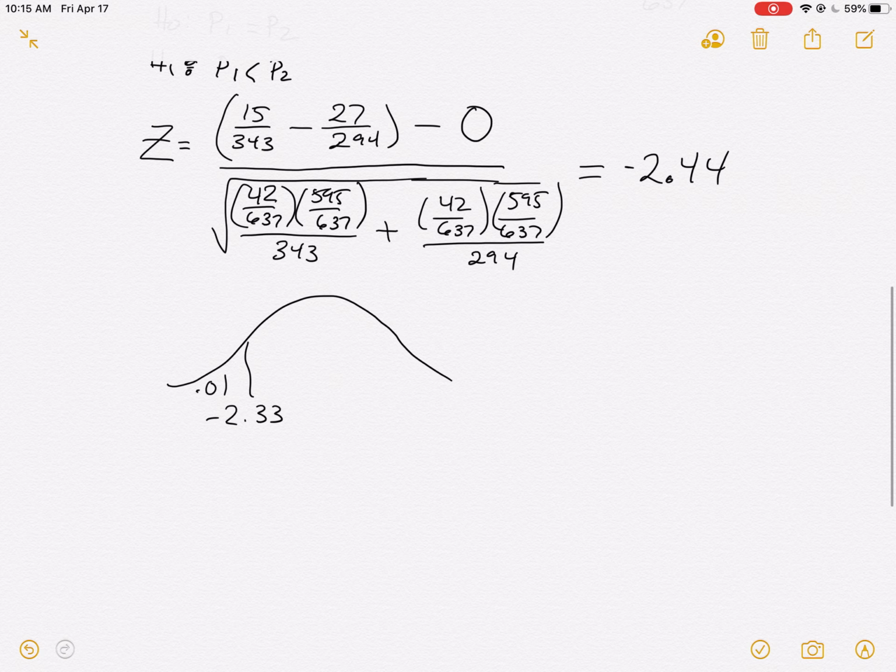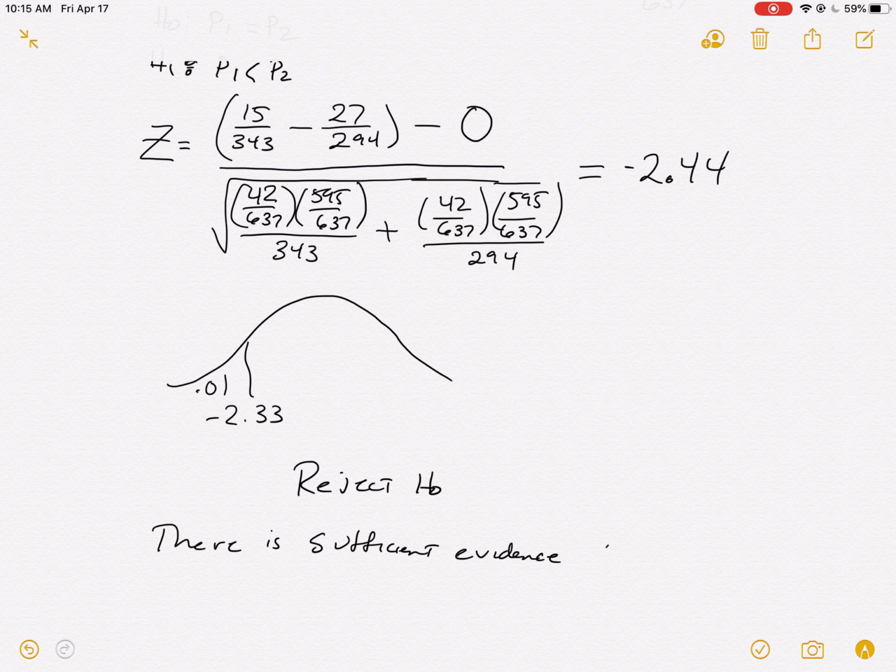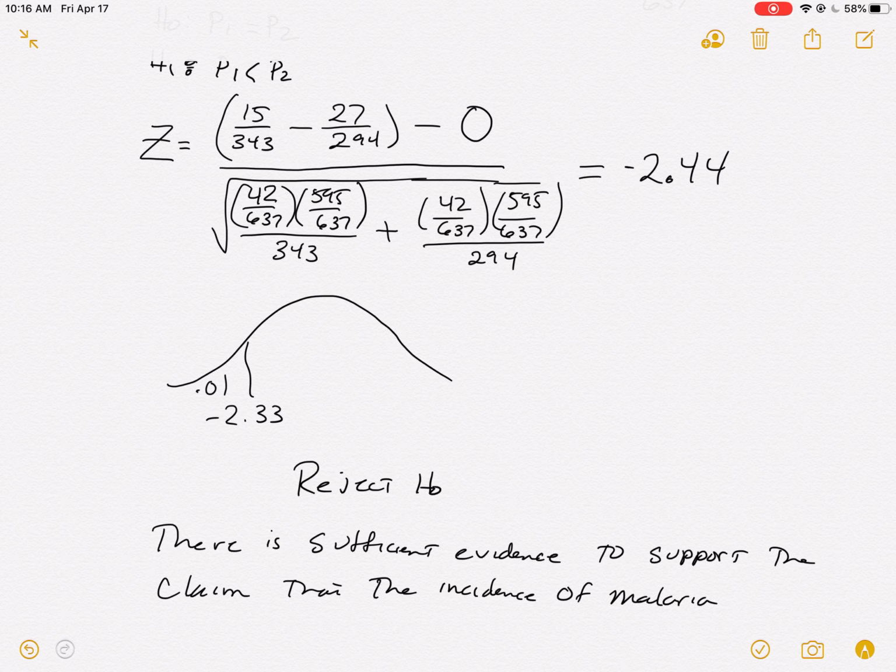So awesome, that's what we have so far. So are we going to reject? Of course we're going to reject. We're rejecting the null hypothesis for the same reasons that you did in 8.2 and 8.3. The test statistic is in the tail. So there is sufficient evidence to support the claim that, and I'll just look at what number 16 says, that the incidence of malaria is lower for children using bed nets.